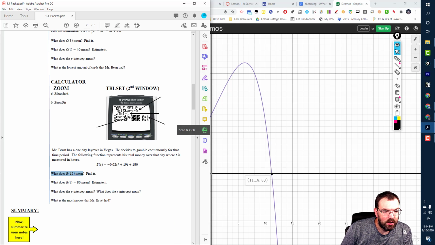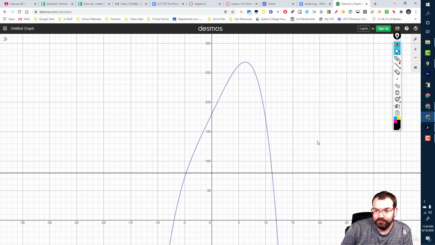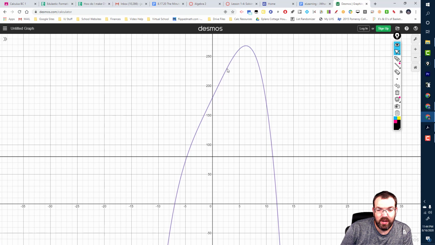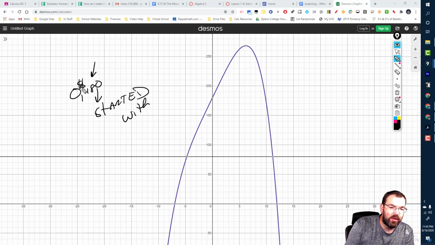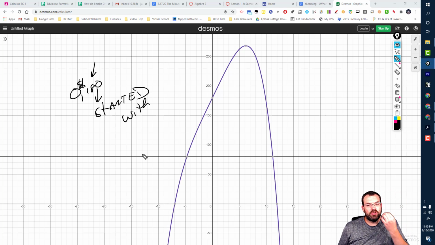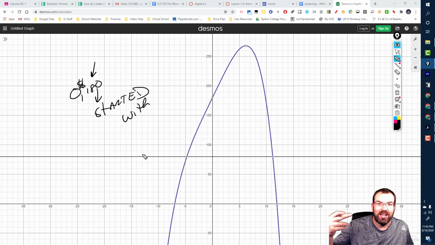What does the y-intercept mean? What does the x-intercept mean? Well, if I click on the graph, the blue one, the y-intercept pops up, 0, 180. What does this mean? This is how much he started with. He started with $180. The dude walked into the casino with 180 bucks, and he was like, let's go.